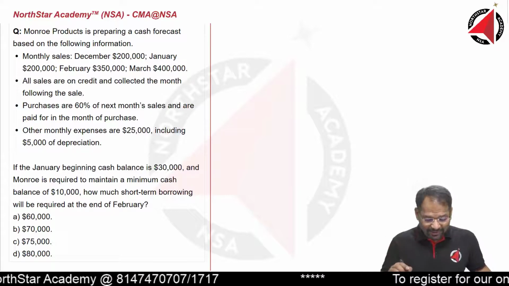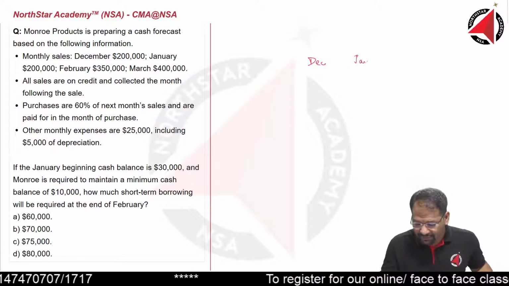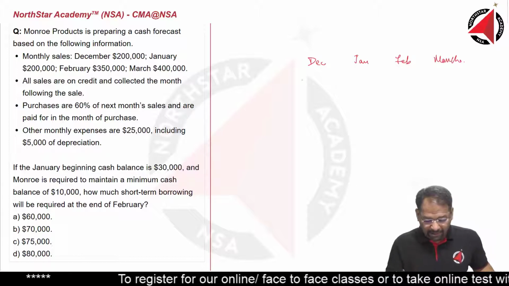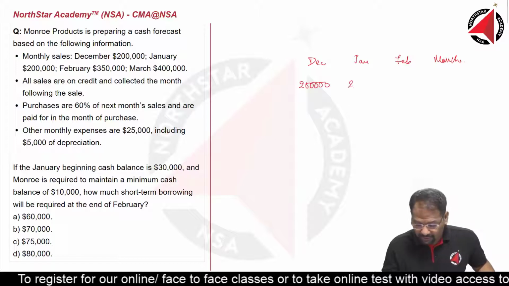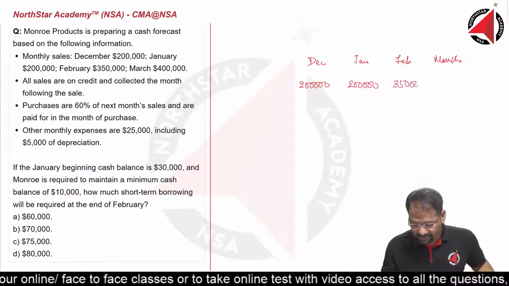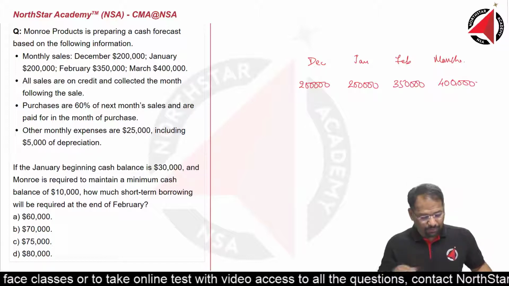Let's calculate this. 4 months details are given: December, January, February and March. 200,000 for the month of December, 200,000 for the month of January, 350,000 for February and 400,000 for the month of March.